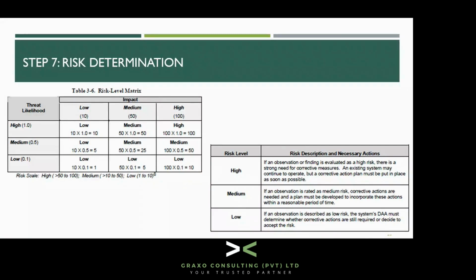So it is low risk because the likelihood is very low. Even if the impact is very high, the likelihood of a threat actor exploiting that weakness is very low. So this is how we read the risk level matrix. We see the intersection and we multiply the values that are written on the x and y axis, and we define the risk based on that.